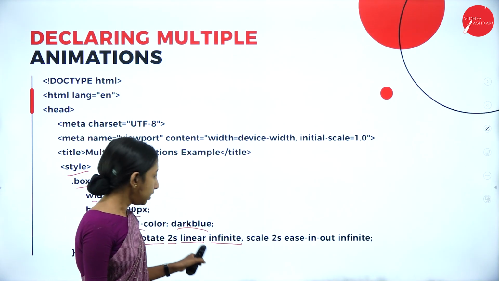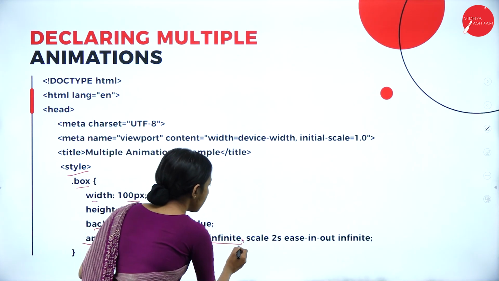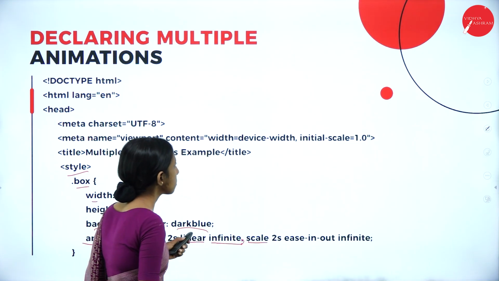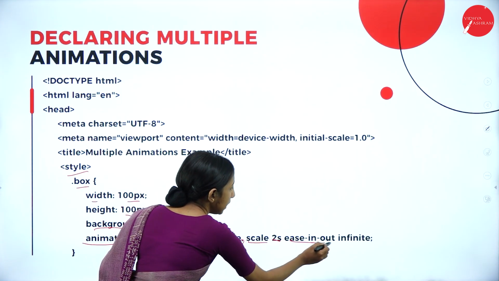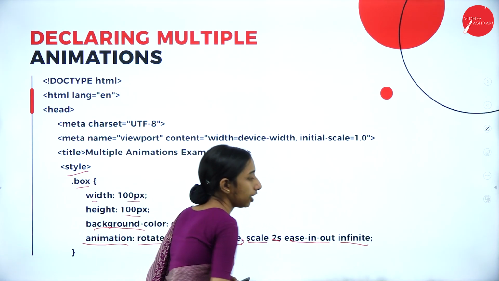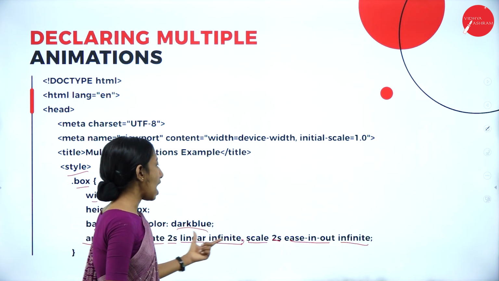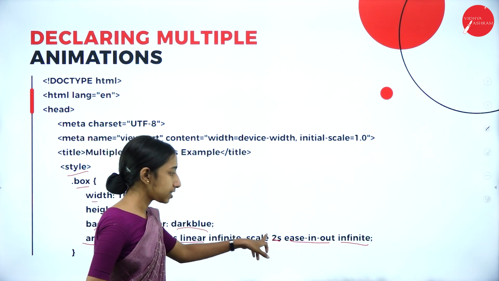Then a comma, and scale, 2 seconds, ease-in-out timing function, and the count is infinity. So now you can see I have applied 2 animations, rotate and scale.